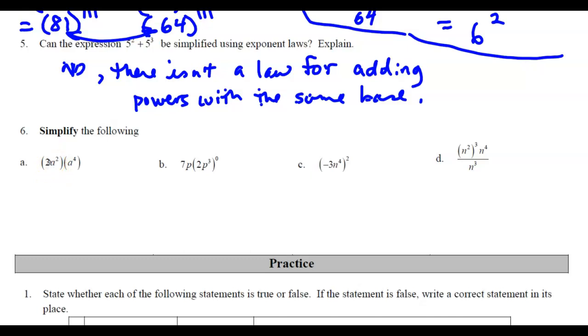The 2 is just 2 by itself, multiplied by whatever the exponent on a is, because really the coefficient on a to the fourth is 1. So who can tell me the exponent there? A squared times a to the fourth is what? Yep, good. You add the exponents.